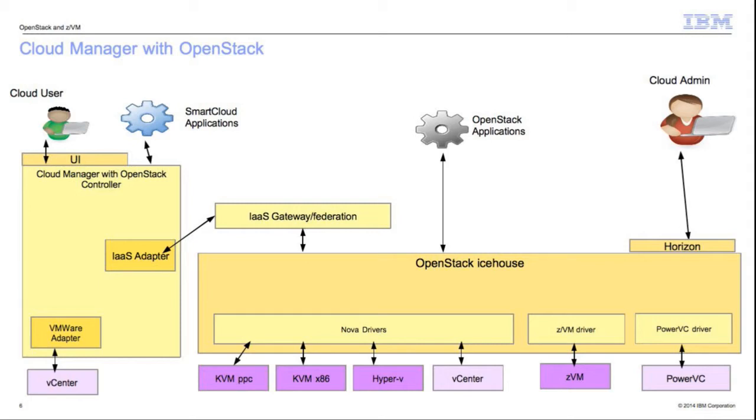So again, it is available out in the community, even though it's not officially part of Icehouse. And so you get the normal Horizon dashboard with it, and you get the ability, if there are any applications that are written to the OpenStack APIs, then you can run them on top of IBM Cloud Manager with OpenStack.